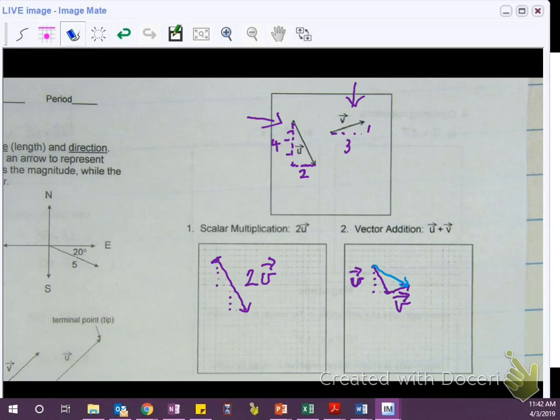The resultant vector is tip to tail. It's from the first tail to the last tip. The blue one is u plus v.